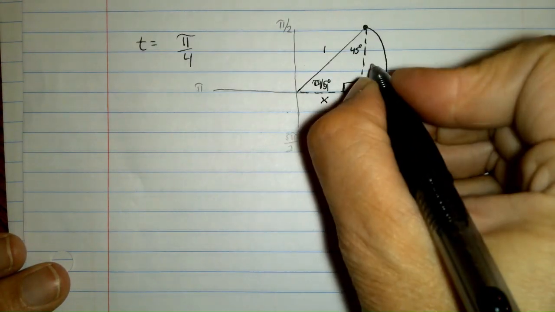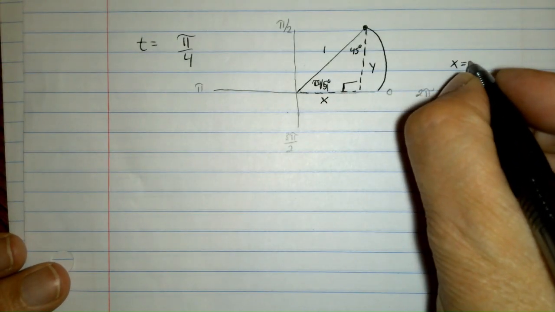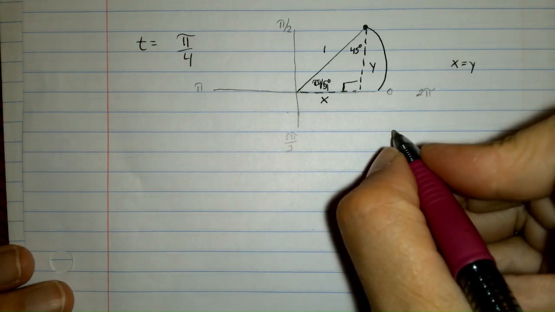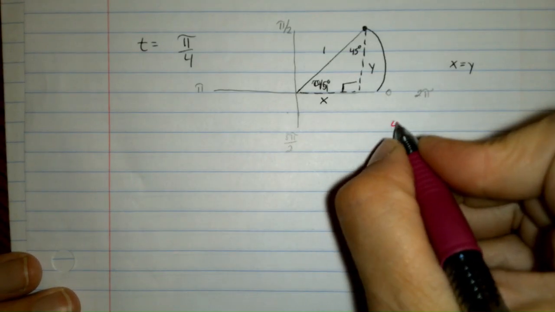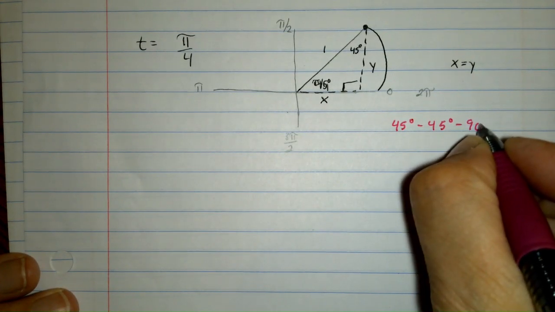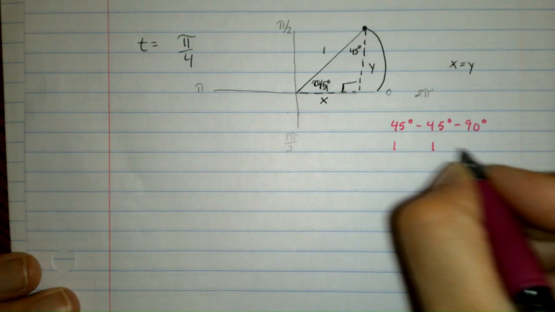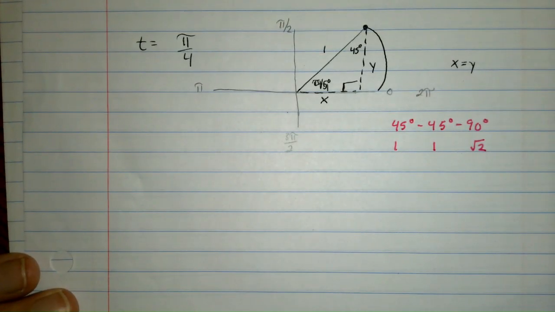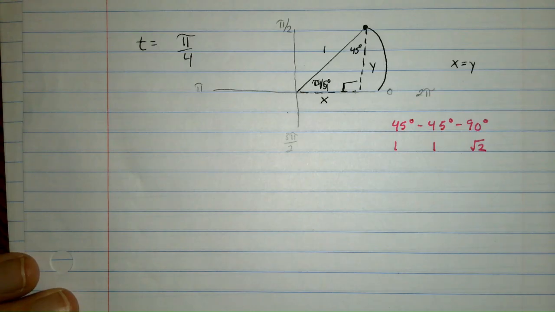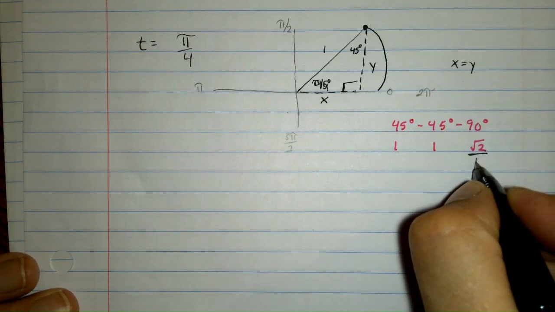So even though this is x and y, we know x equals y, because if two angles are equal, two sides are equal, okay? Or we know a 45, 45, 90 triangle from geometry days had a 1, 1, square root of 2 relationship. Instead of a hypotenuse of square root of 2, though, we have a hypotenuse of 1.